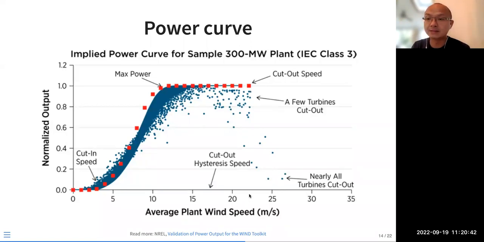That's the maximum wind speed that this wind turbine can bear. Beyond that, it would break the turbine, so it will basically lock the turbine from spinning to protect it. Otherwise, it's spinning too fast and it will destroy the turbine. So that's the cut-out speed. As you can see here, it's about 20 to 25 meters per second.